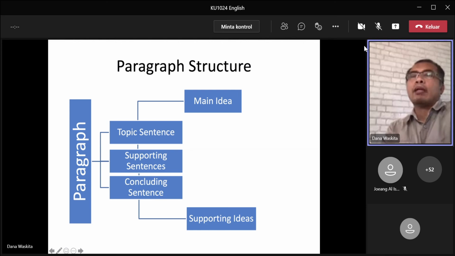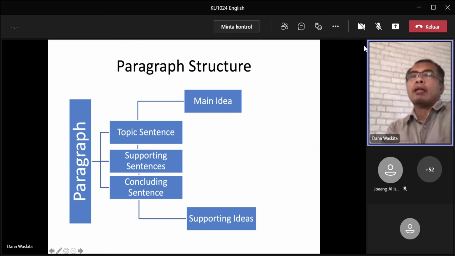And then the rest must be the supporting sentences. But if we cannot find any sentence in the paragraph that can represent the whole idea of the paragraph, we call it the main idea itself is implied, atau tersirat gitu ya.